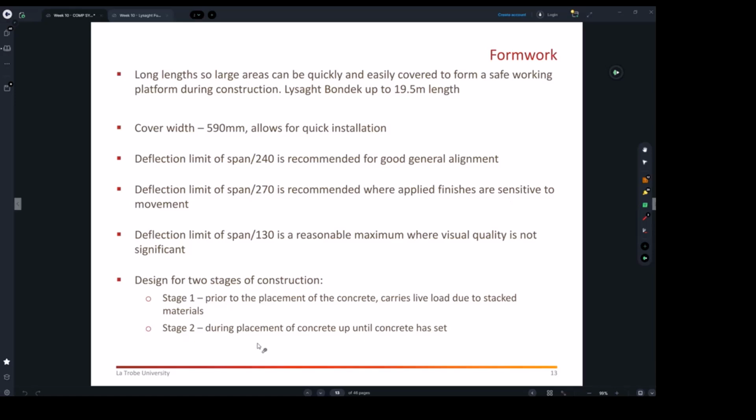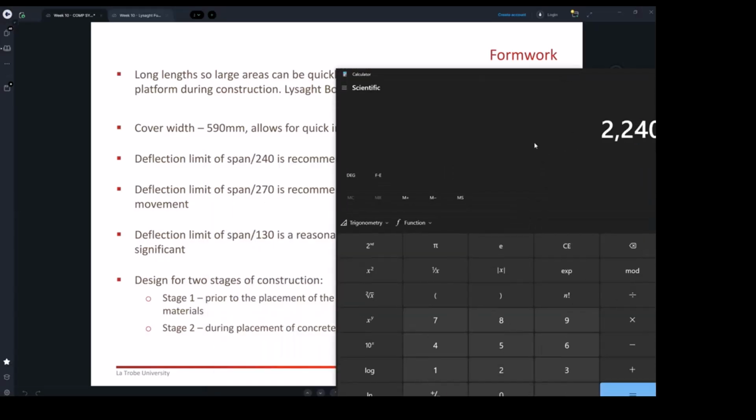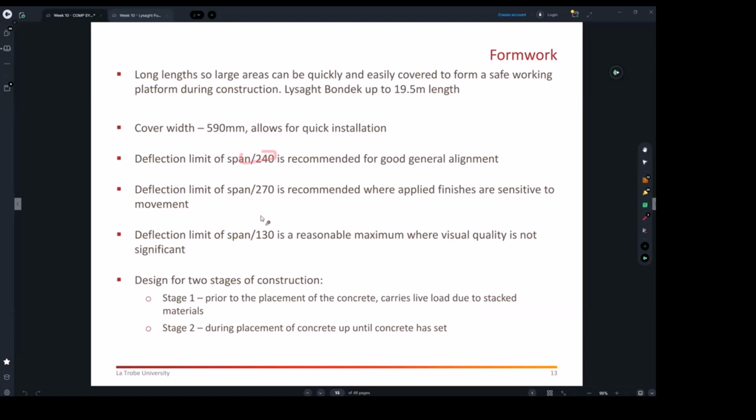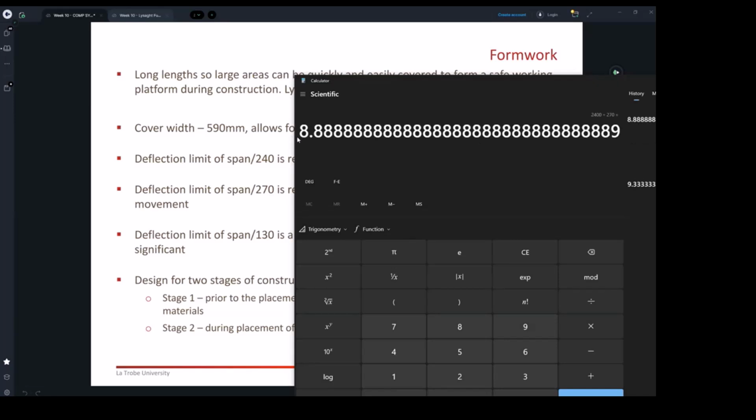So if I go back to the first example, I said if your span was 2,400 divided by 240, that will give you 10 millimeters. That's for the first option. 270 will give you less. So 2,400 divided by 270 is only 8 to 9 millimeters. If we go to longer spans, it's going to be more useful.